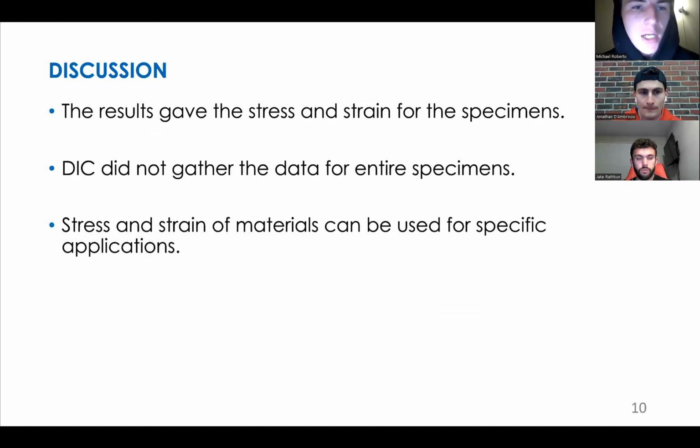All right. From this experiment, we were able to find the stress and strain for the specimens. The stress was only able to be done when recording from our phones of the tensile machine and taking the values of the displacement and the force. The strain was also able to be calculated from that, but for the digital image correlation, only the strain was able to be calculated.